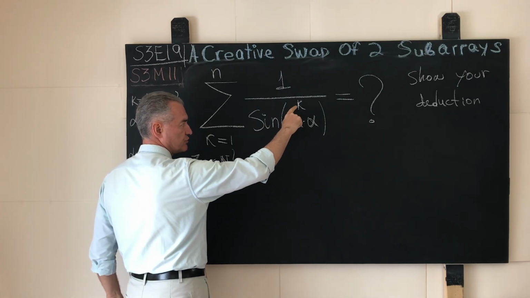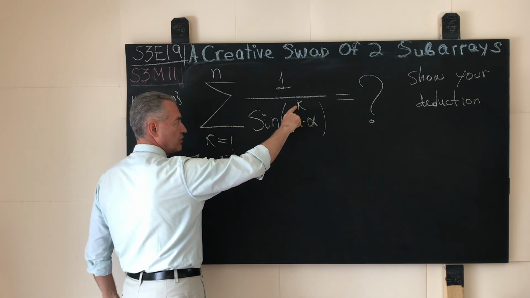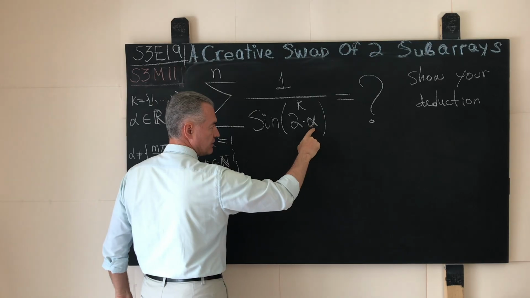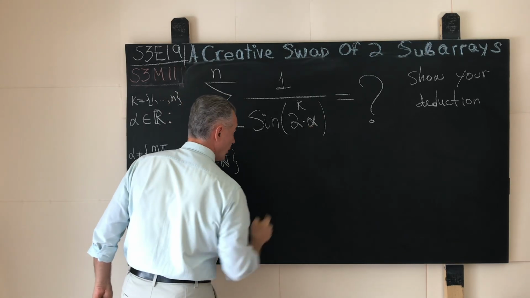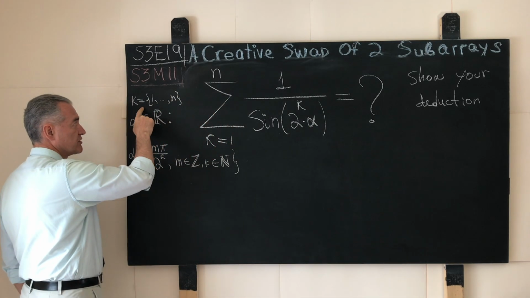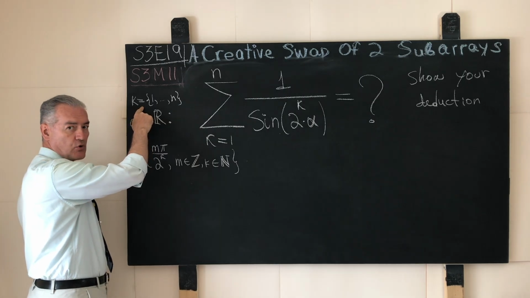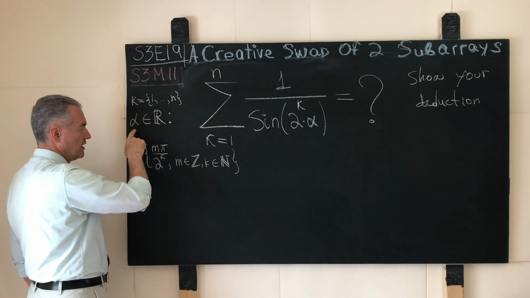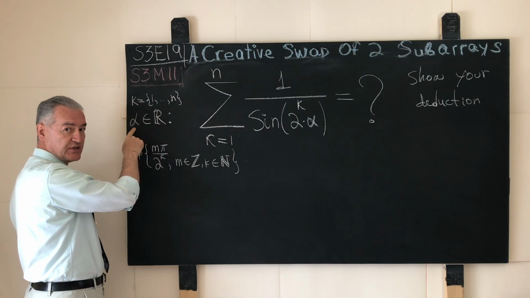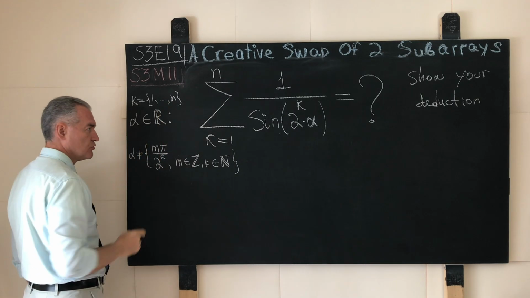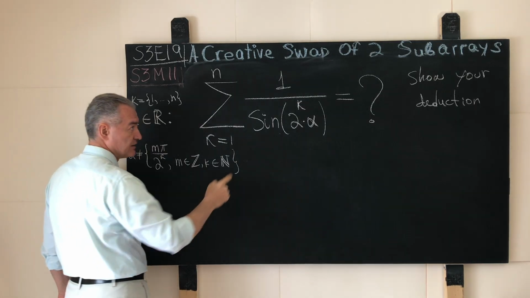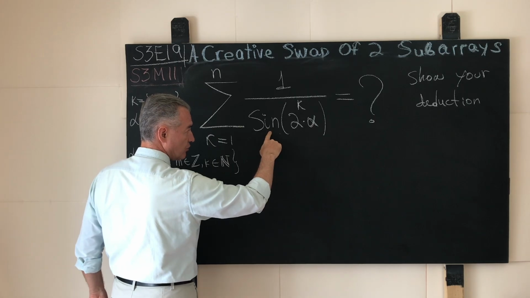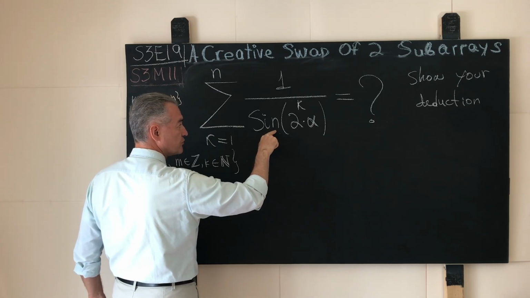Number 2 raised to the power of k, where k is the summation index, times the symbol alpha, where k is a whole positive number that varies over the subset of whole positive numbers 1, 2, 3, 4, 5, and so on, n. And alpha as a symbol represents any real number, subject, of course, to the fact that in this particular finite sum, we can never have the trigonometric function of sine reaching the value of 0.